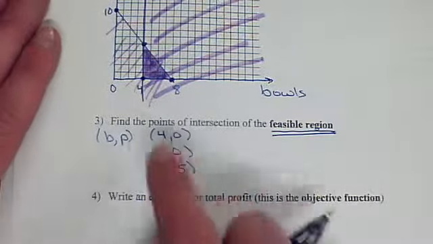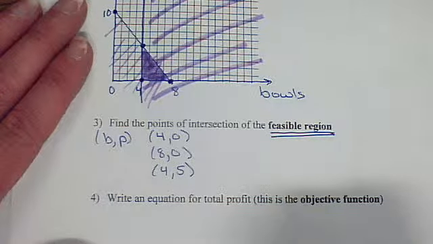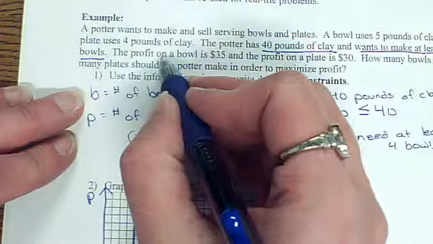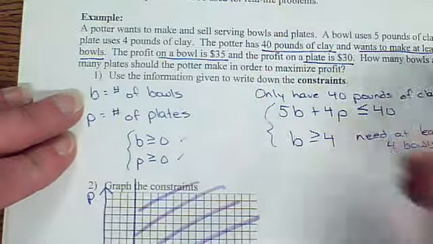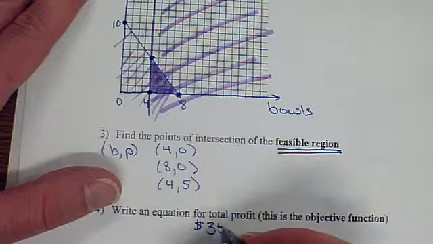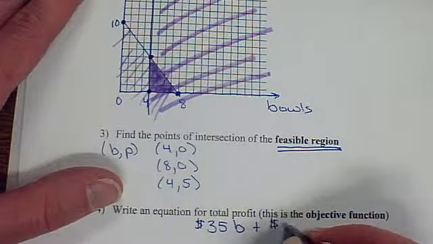Now I need to see which one of those would give me my maximum profit. So I'll need to look back at the problem and find out how much each bowl and each plate make me. The profit on a bowl is $35 and the profit on a plate is $30. So that tells me that I get $35 for each bowl, and then I'm going to get $30 for each plate.